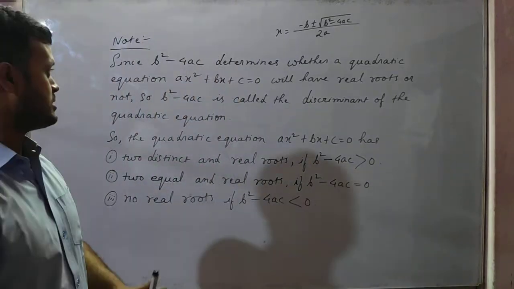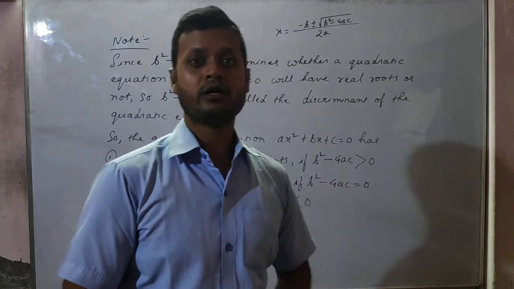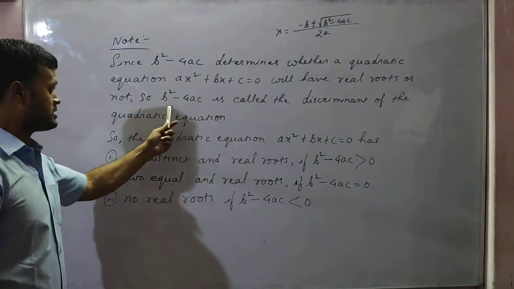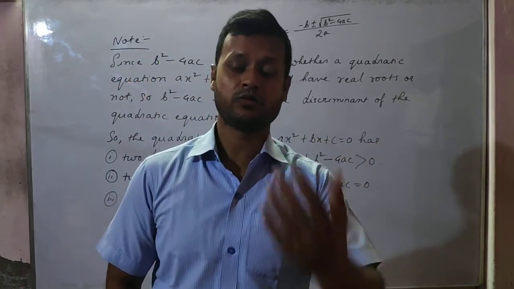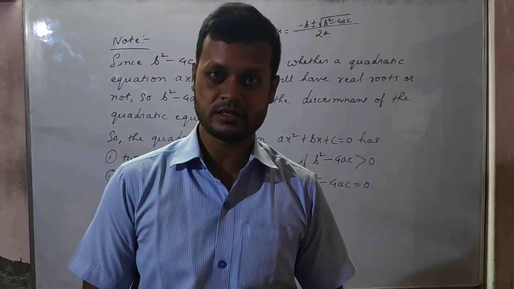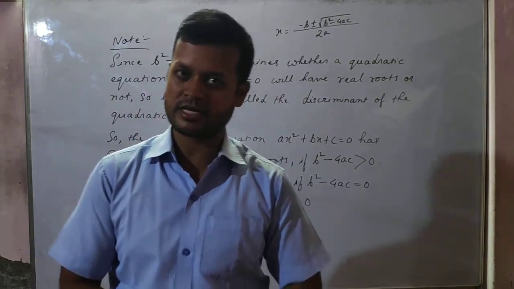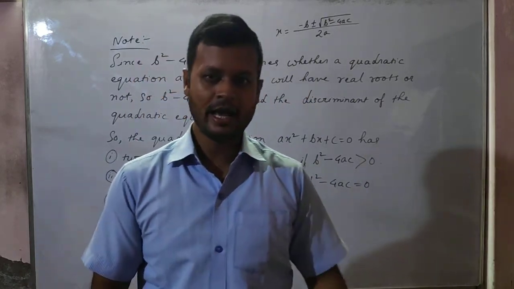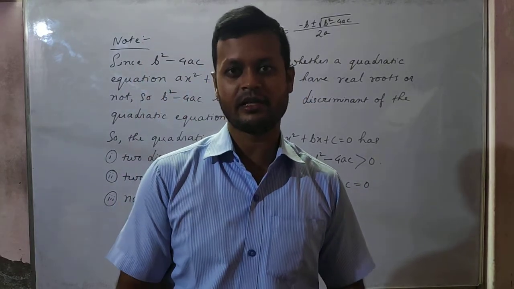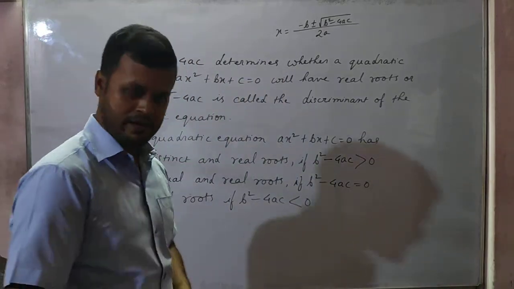So b square minus 4ac has this very important duty, isn't it? If b square minus 4ac is greater than 0, we will get real and distinct roots. If it is equal to 0, we will get real and equal roots. And if it is less than 0, there will be no real roots, isn't it? So b square minus 4ac is only determining, isn't it?